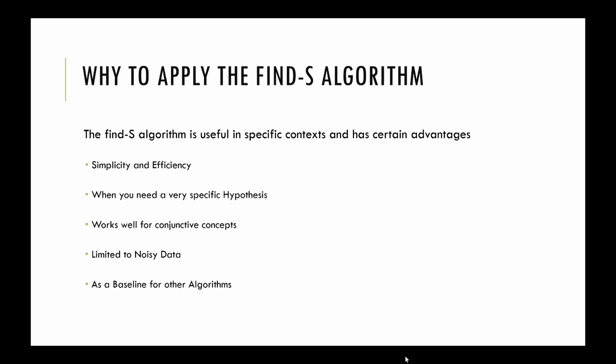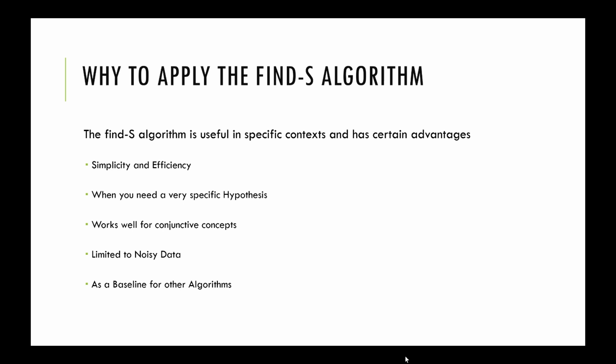Simplicity and efficiency. That means the algorithm is simple and very easy to understand, and it only requires the processing of positive examples. I already said that you only consider the positive records or examples, and the steps are straightforward.